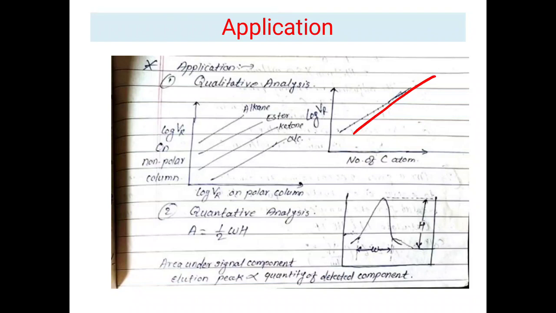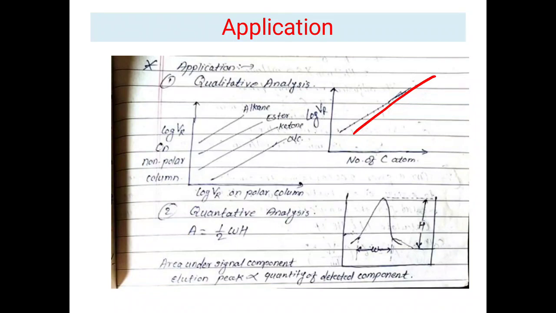The second application is quantitative analysis. In quantitative analysis, how much sample is there in a particular mixture can be analyzed by using GC. The amount of sample can be determined from the area under the peak.